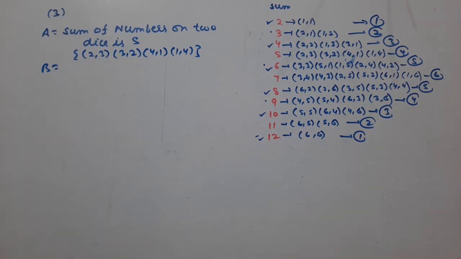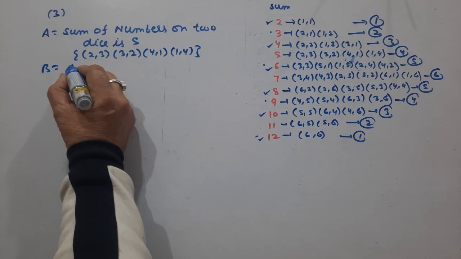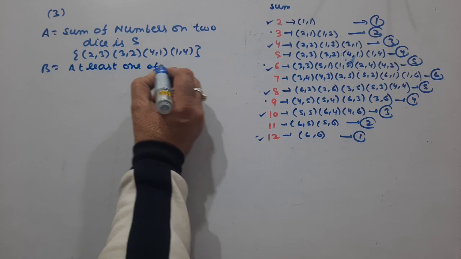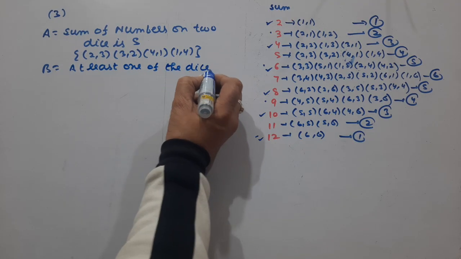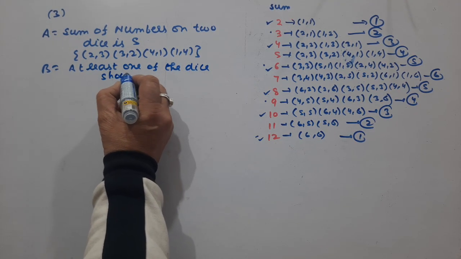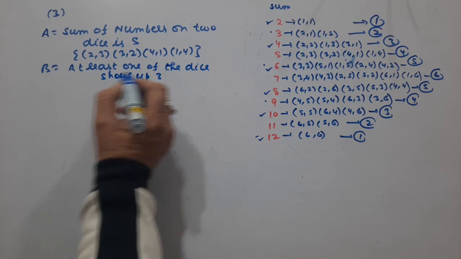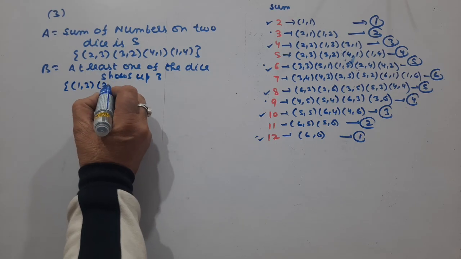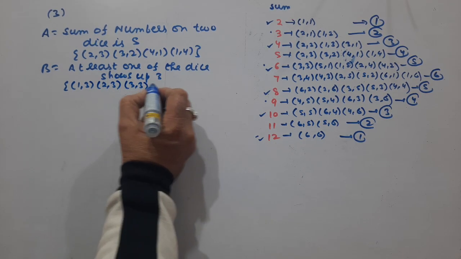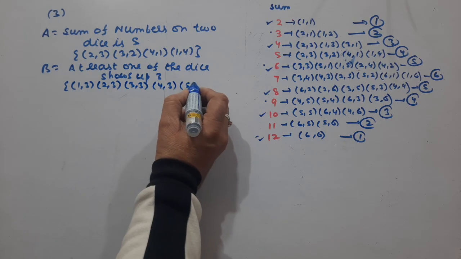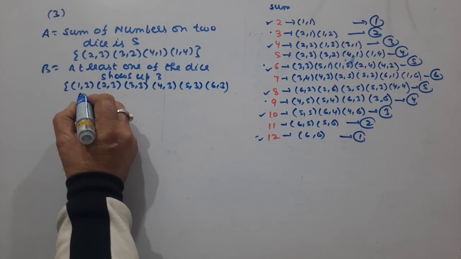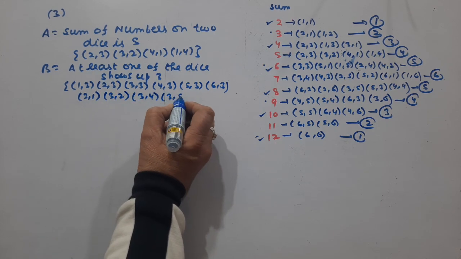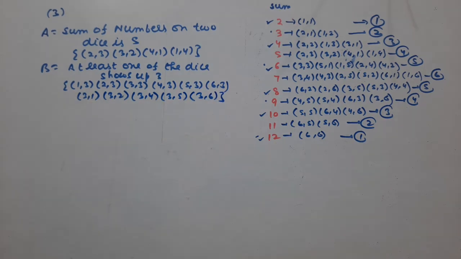B is the event that at least one of the dice shows up 3. So here the cases will be 1 3, 2 3, 3 3, 4 3, 5 3, 6 3, 3 1, 3 2, 3 4, 3 5 and 3 6, like this.